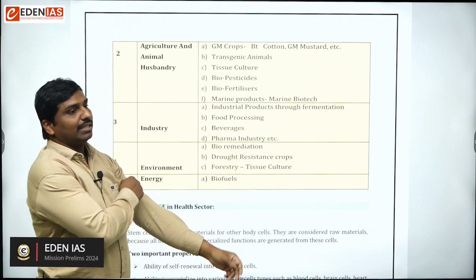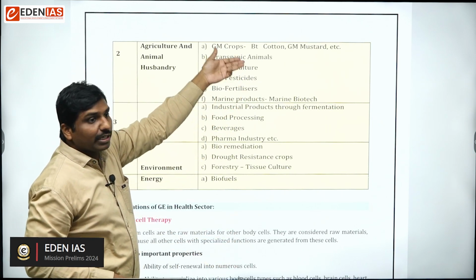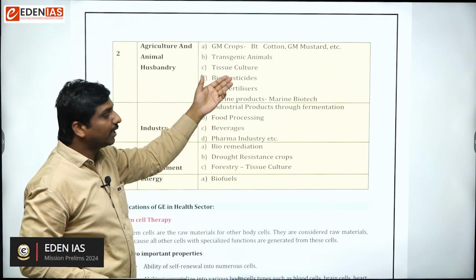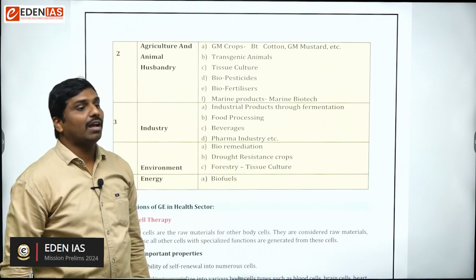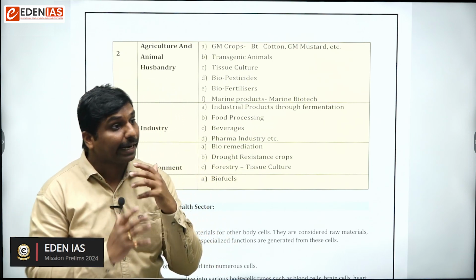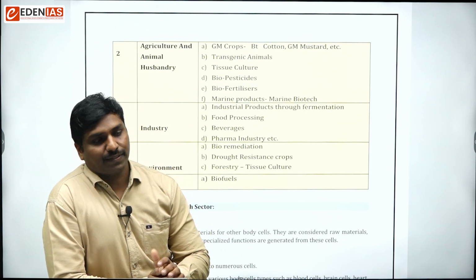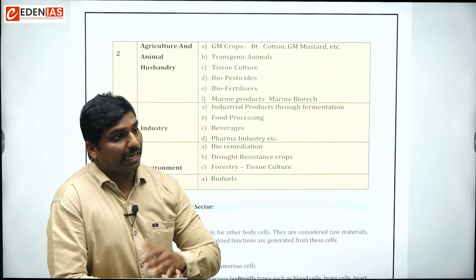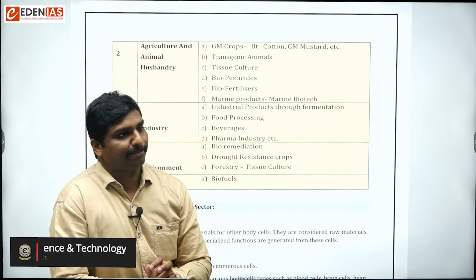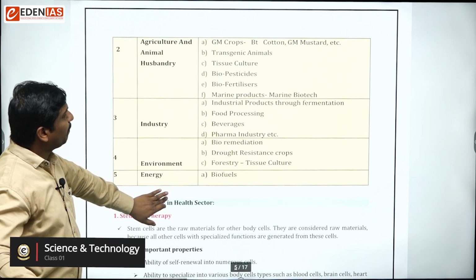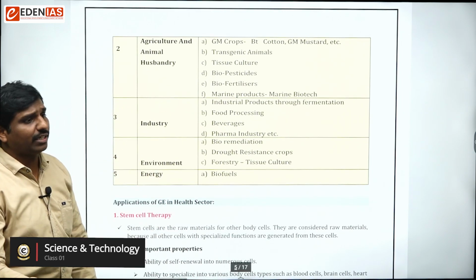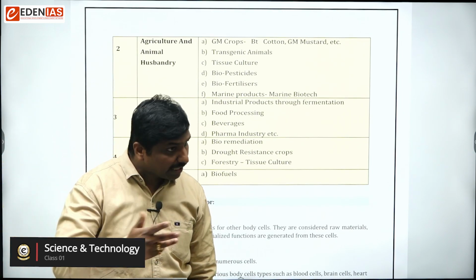So in tissue culture, in production of biopesticides, in production of biofertilizers, or for production of certain marine products, there also we can have the application of biotechnology. Okay, so then in industry, we were discussing chemical engineering techniques.